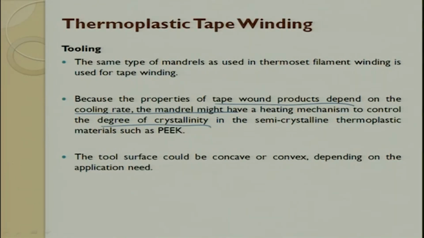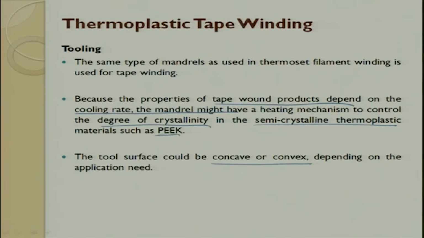That is what we have written here. Depending upon the cooling rate, the mandrel might have a heating mechanism to control the degree of crystallinity in a semi-crystalline thermoplastic such as PEEK. The tool surface can be concave or convex depending upon the requirement.